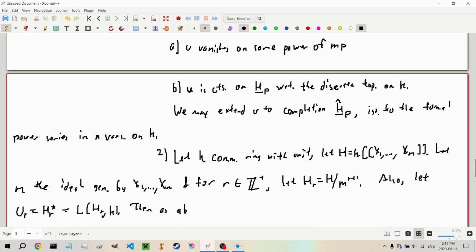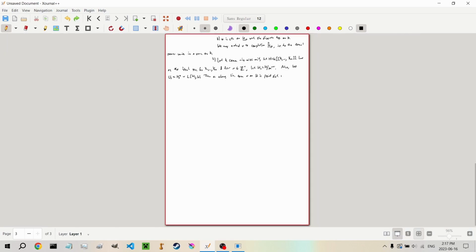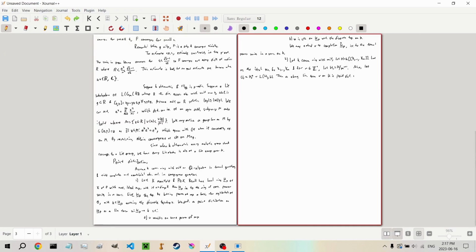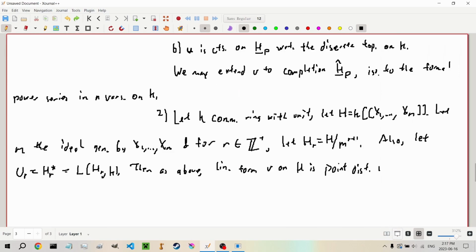Then, as above, the linear form u on H is a point distribution if the following equivalent conditions are satisfied.